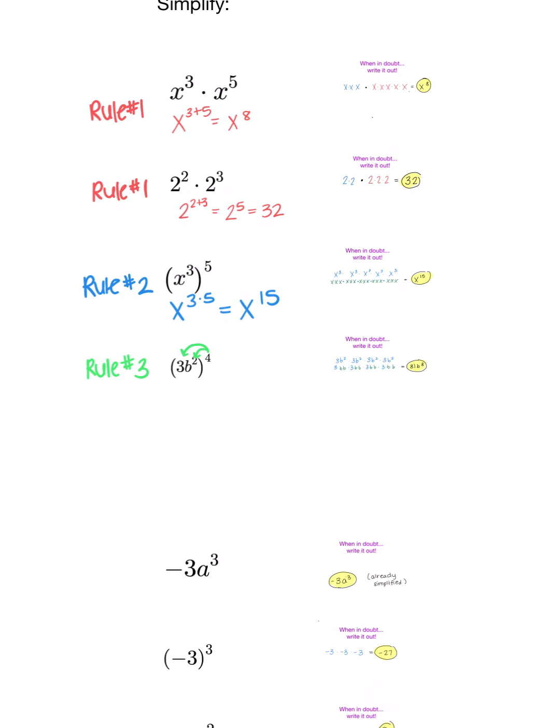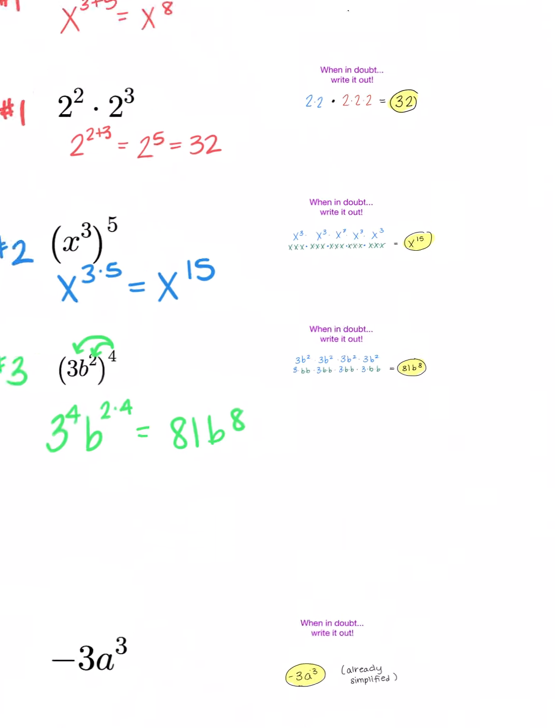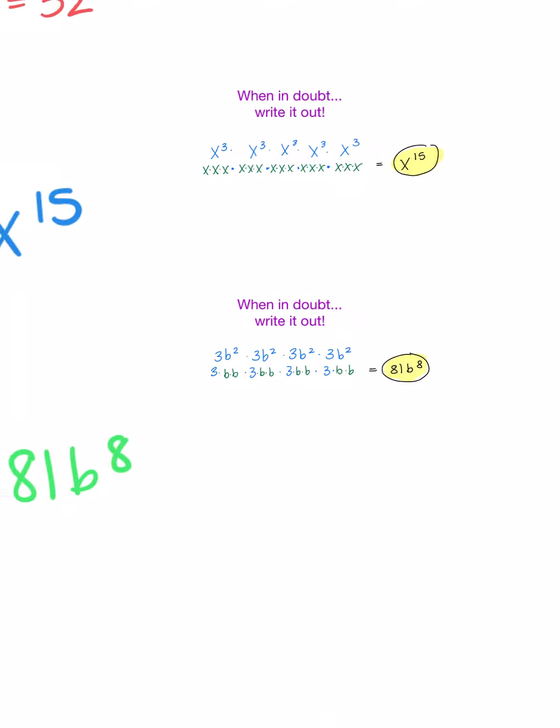Now I notice in the first case with the constant, that would be 3 to the 4th power. For the b, that would be b to the 2 times 4, based on rule number 2. Simplifying, I would get 81 b to the 8th. Now remember, when we wrote it out, we got the same thing.